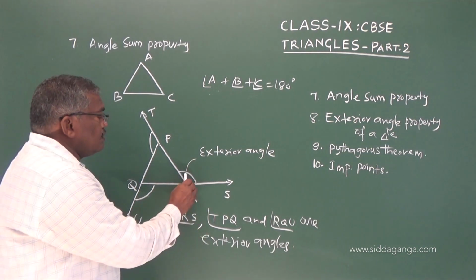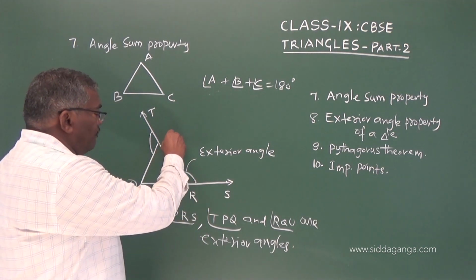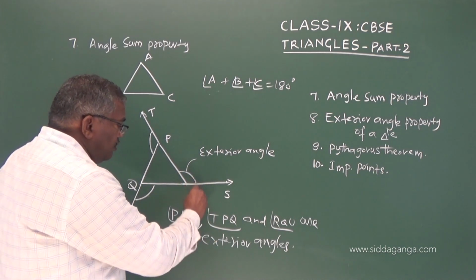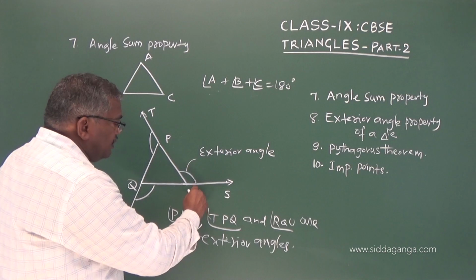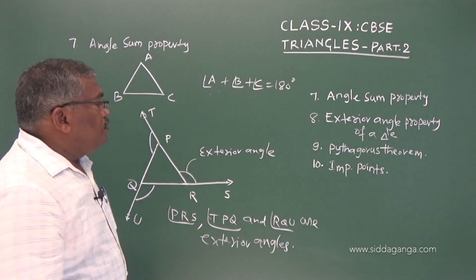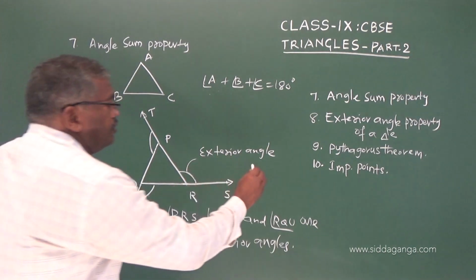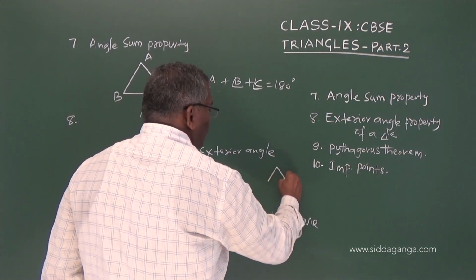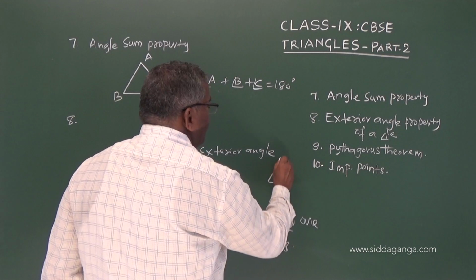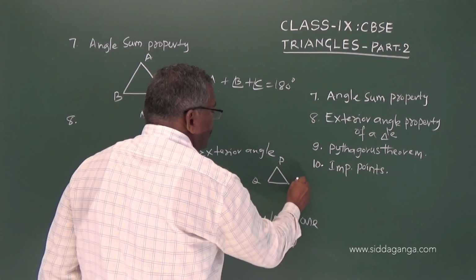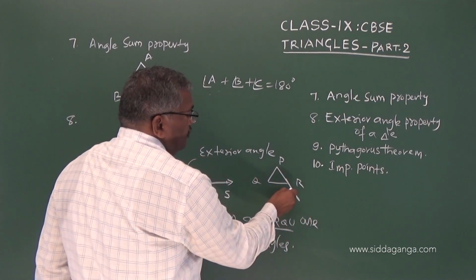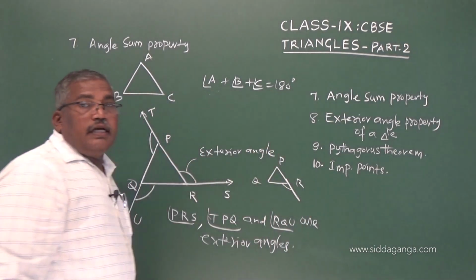Not only these, if I extend this PR in this direction, like this, we will get one more exterior angle here. So like this, you can see this is PQR. If the PR is extended like this, we will get one more exterior angle this way.